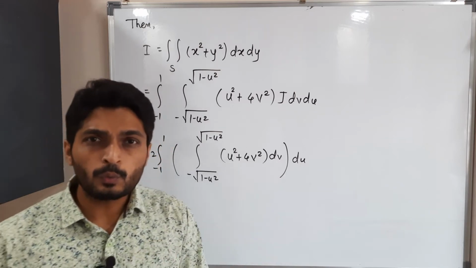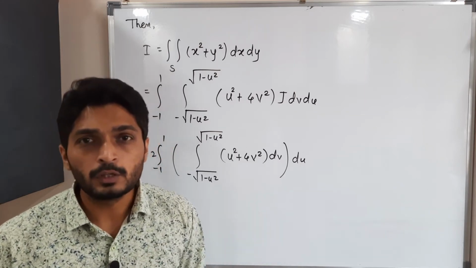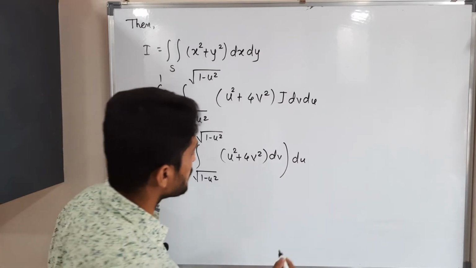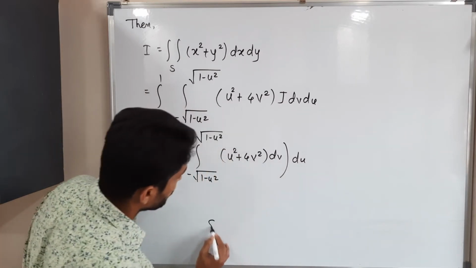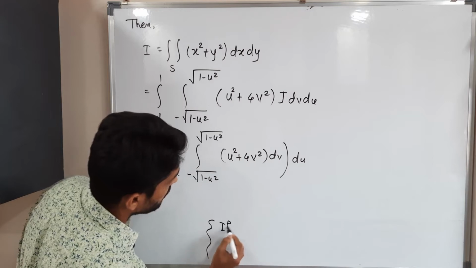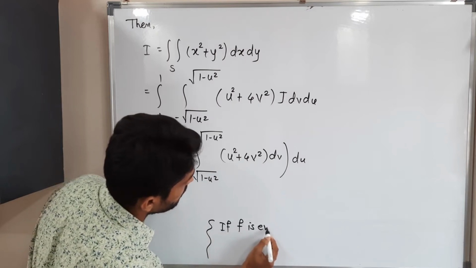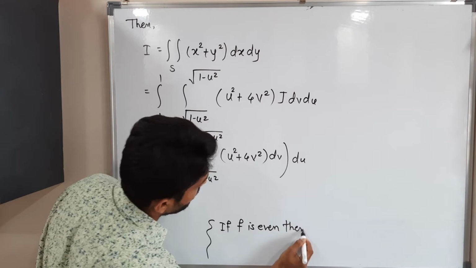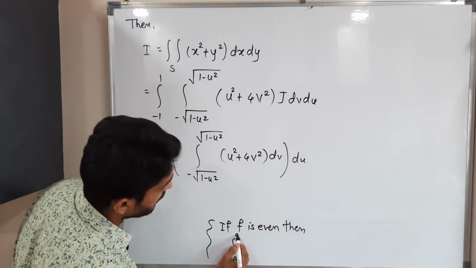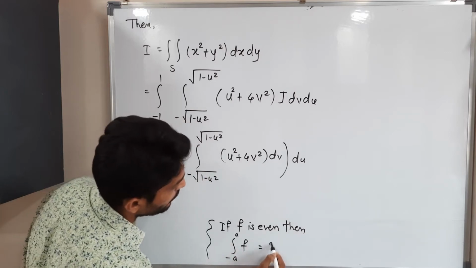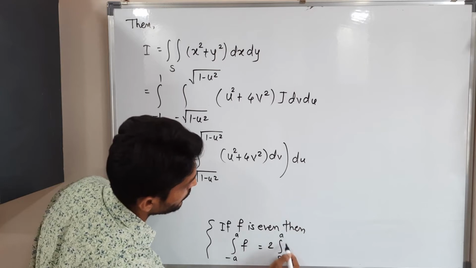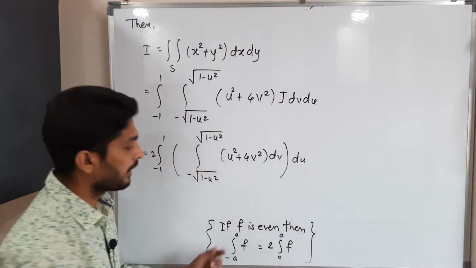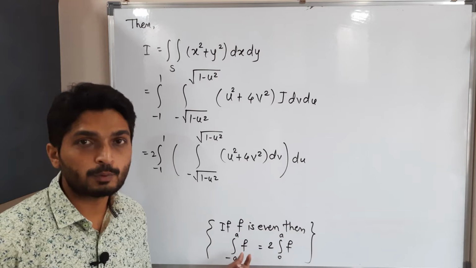Do you know what we do when we have an even function? I will mention the result which I am using here. If f is even, then when you have limits like minus a to a, the integral of f is equal to 2 times the integration from 0 to a of f. So when you have an even function, we solve the problem in this way.